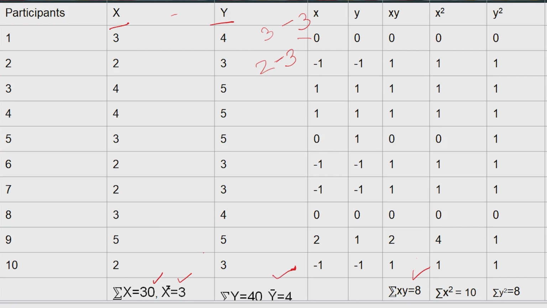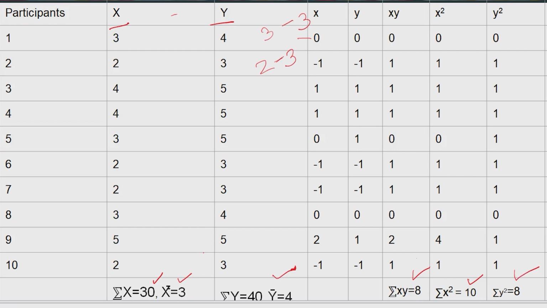So when I square the small x values, I get the small x square values, the deviation squared, and when I sum it, the sum of squared deviations comes out to be 10, you can see. And similarly I do it for small y. The sum of the squared deviation score for y is 8.